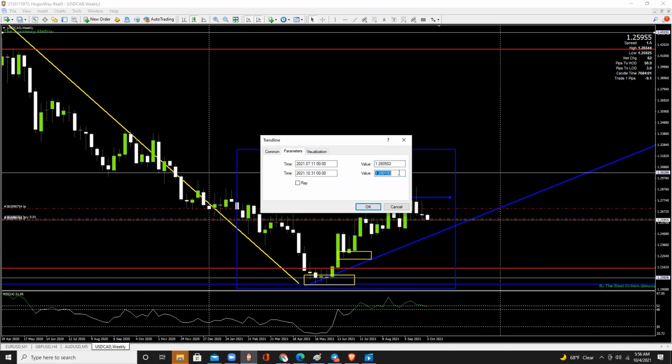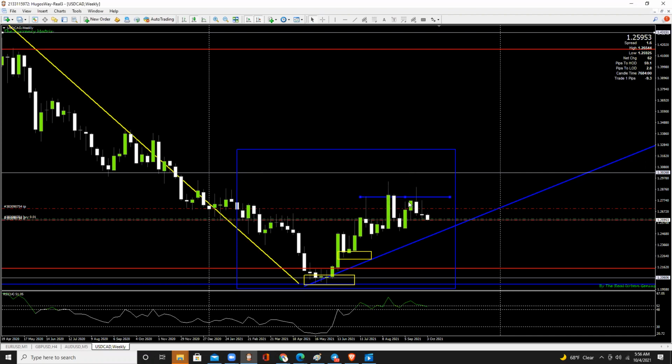The market is all about higher highs and higher lows, lower lows and lower highs. So from this point, we can now pull out our Fibonacci, swing low to swing high here.